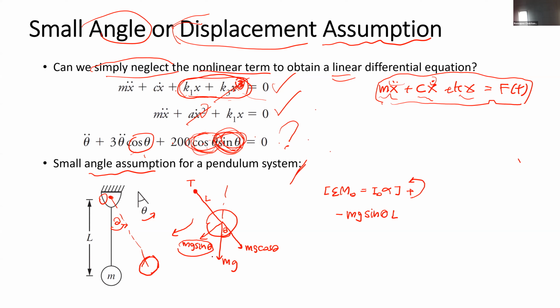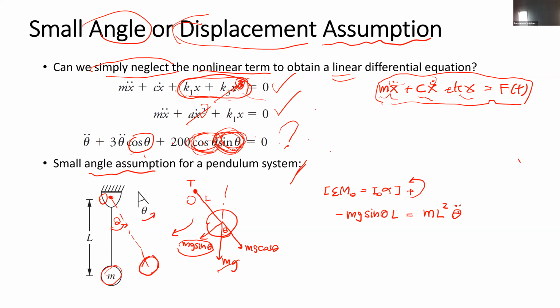We have mg separated into mg sine theta and mg cosine theta. Mg cosine theta passes through point O, so it does not generate a moment. The moment of inertia about point O of this single mass m should be m r squared, or m L squared, times theta double dot.